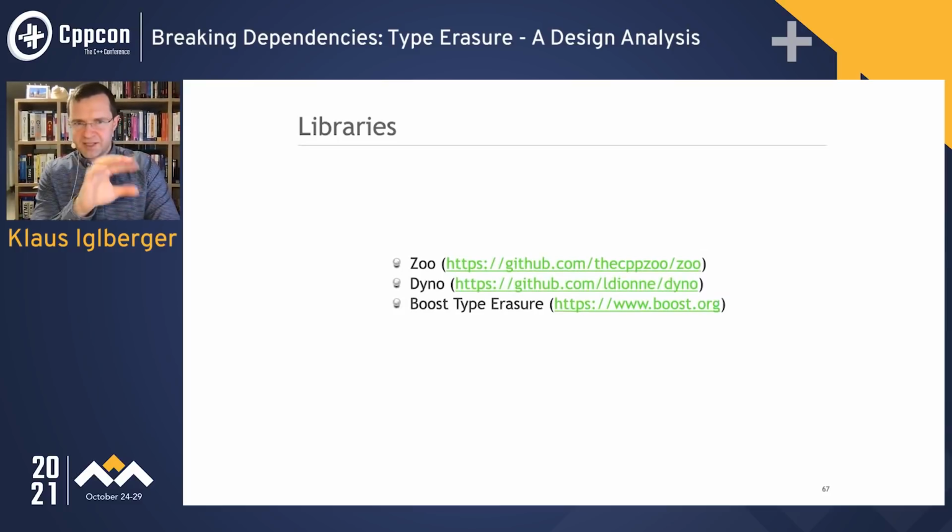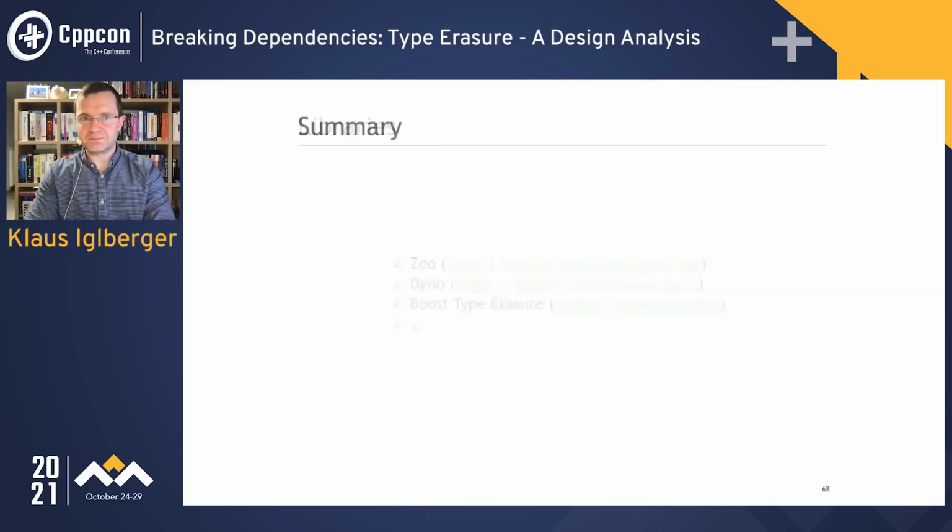And there may be even several different kinds of type erasure libraries inside Boost. That is probably the most generic one, the one that allows you to most easily adapt it to your likings. Okay, and of course there's more. I apologize if I did not get all of the libraries that are available.